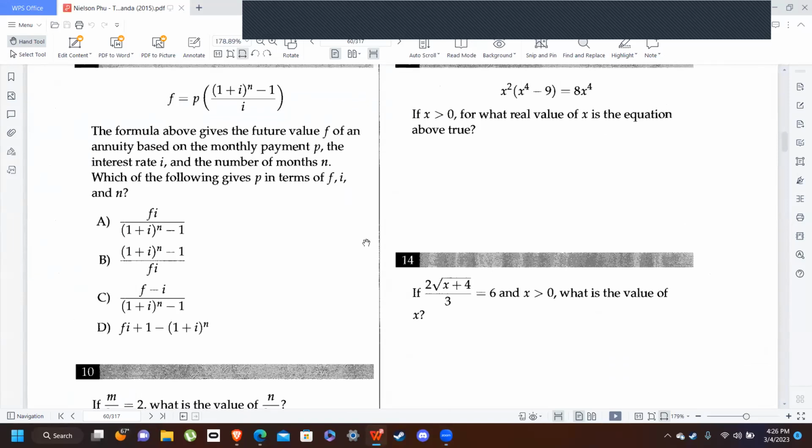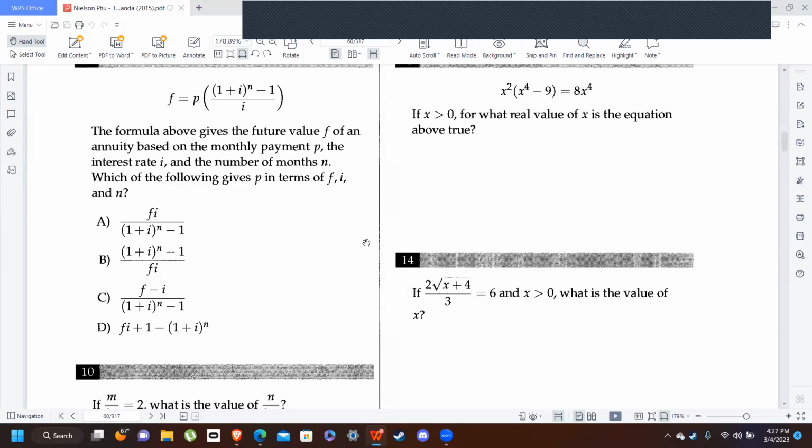Okay. The formula above gives the future value F of an annuity based on the monthly payment P, the interest rate I, and the number of months N. Which of the following gives P in terms of F, I, and N? This one is easier than it looks.